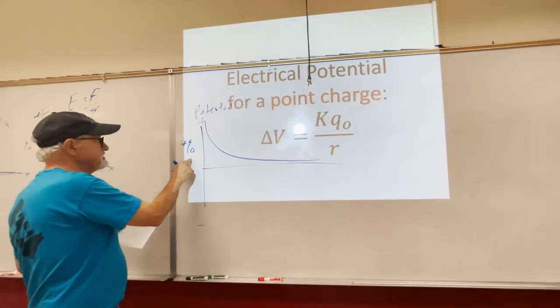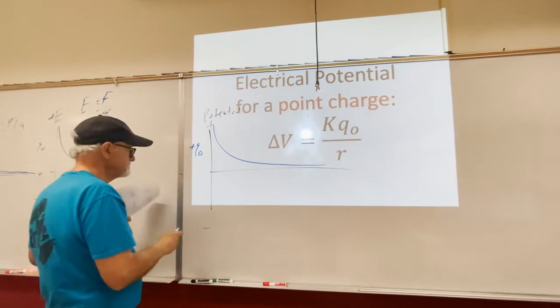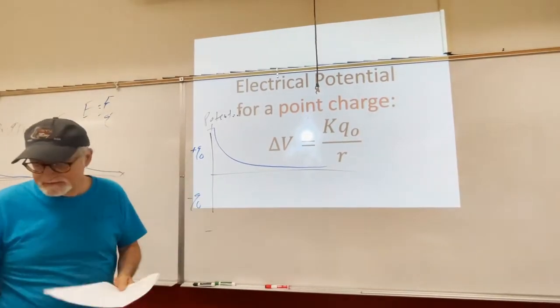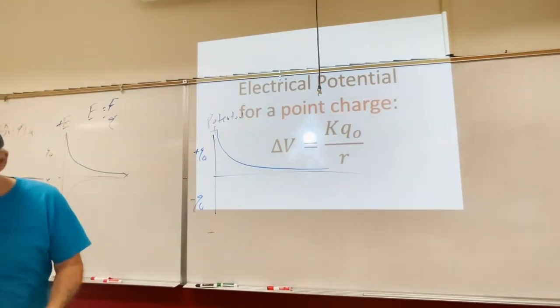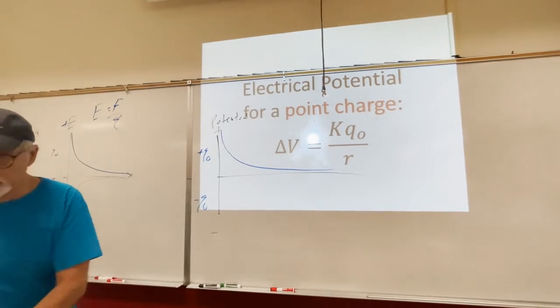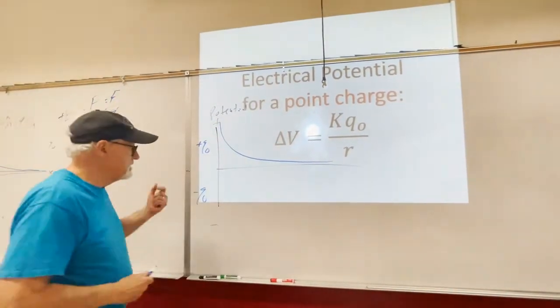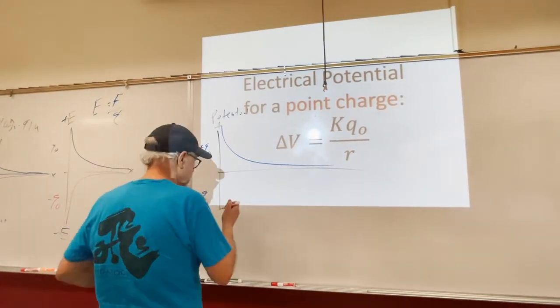That's if you have a positive point charge. If you have a negative originating charge, then the potential in close is very negative, right?